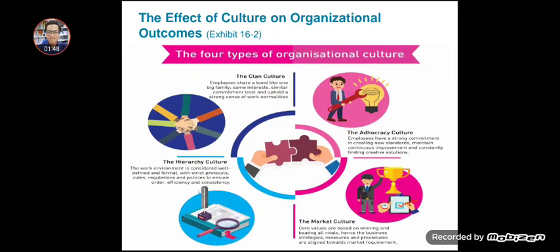When we talk about the effects of culture on organizational outcomes, as you can see in Robbins and Coulter's textbook, in Exhibit 16.2, these are the most common frameworks which describe organizational cultures, whereby we can understand organizational culture through four types of culture.